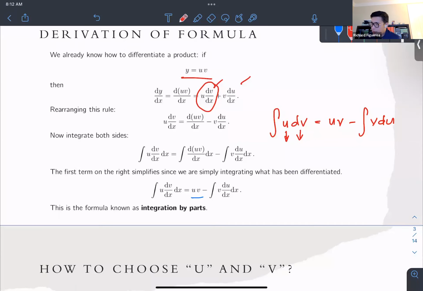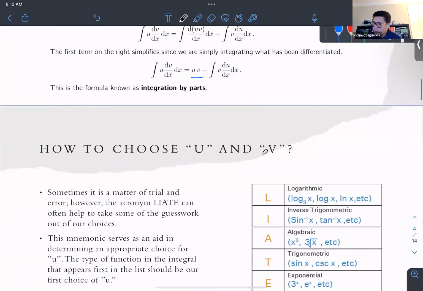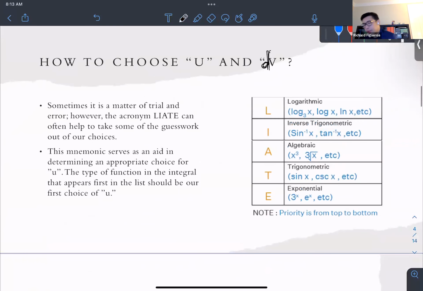for the given integrand. So how do we choose u and dv? There's a governing mnemonic that we can use, the LIATE approach. L corresponds to logarithmic functions, I to inverse, A to algebraic, T to trigonometric, and E to exponential functions.